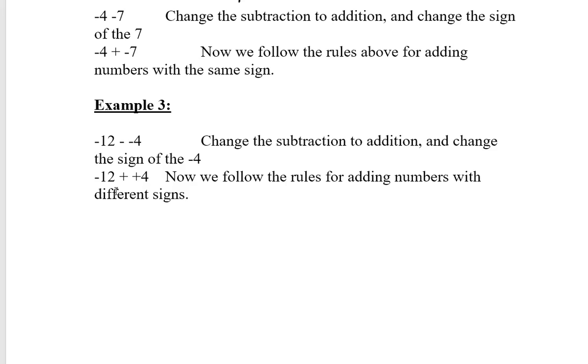My negative is going to dictate that the answer is a negative. Let me actually just write that down. So I'm going to have a negative, and then I have 12 minus 4, right? 12 minus 4 is going to give me the 8. And this was because of the greater absolute value. So my answer is going to be a negative 8.